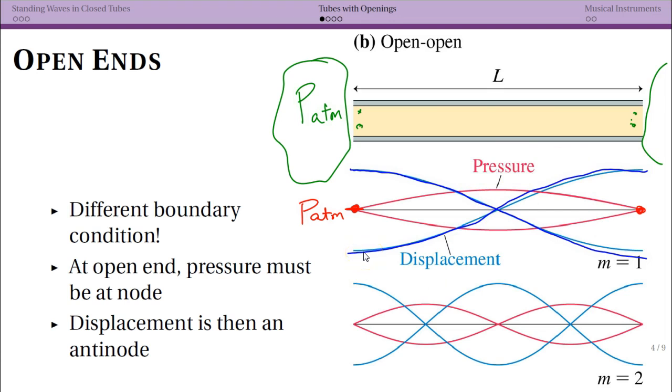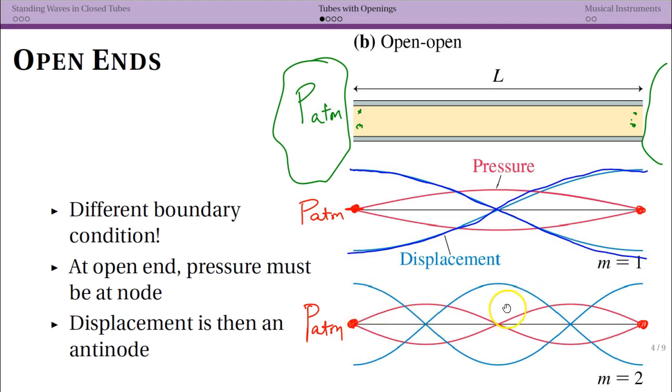If we go to a higher mode, notice that we had one bump here. This was our m equals 1, so we had one antinode in pressure. Now we have two antinodes in pressure, but our boundary condition is maintained. We still have zero difference in pressure from the atmosphere at the ends.